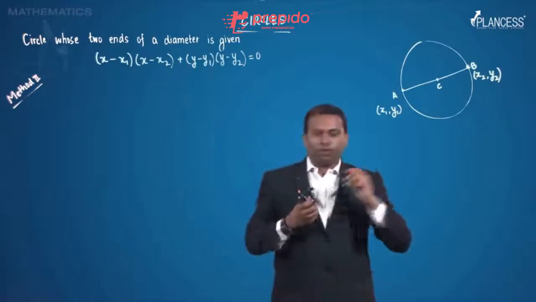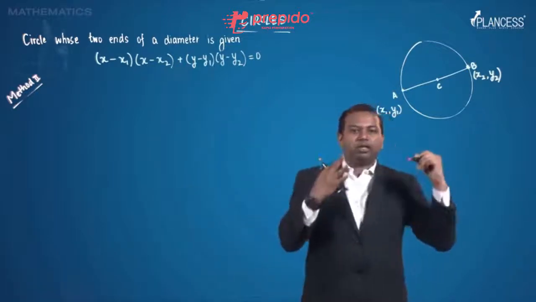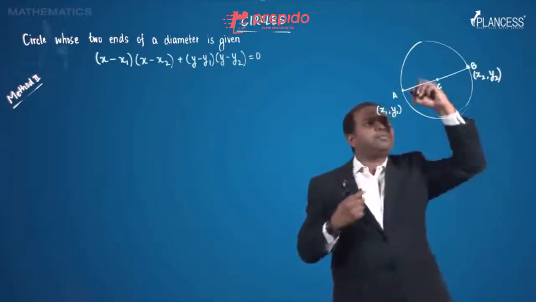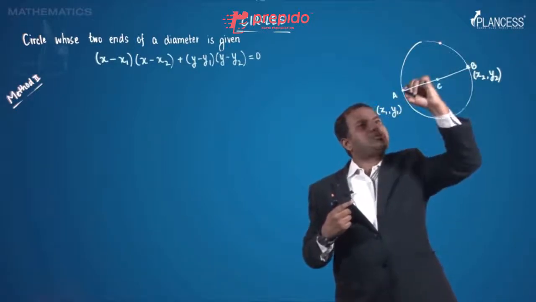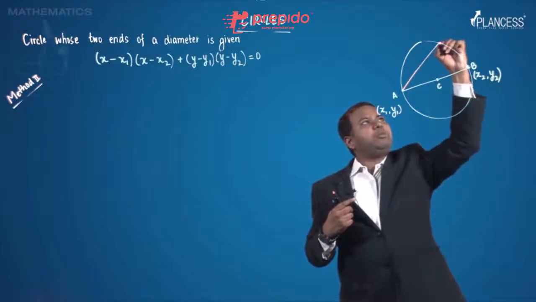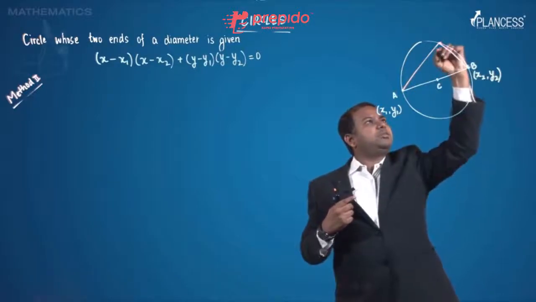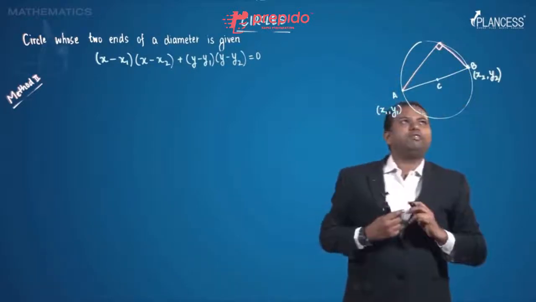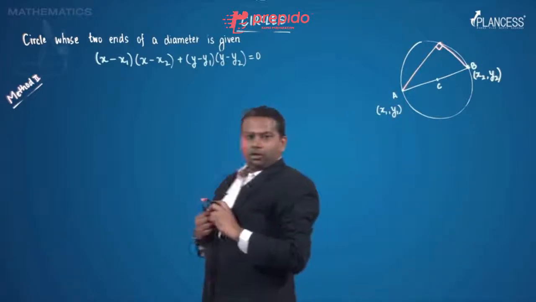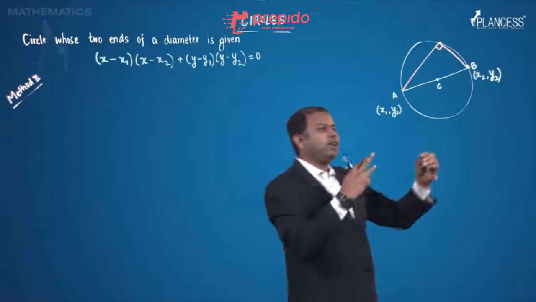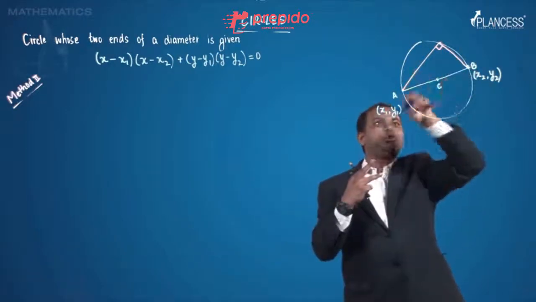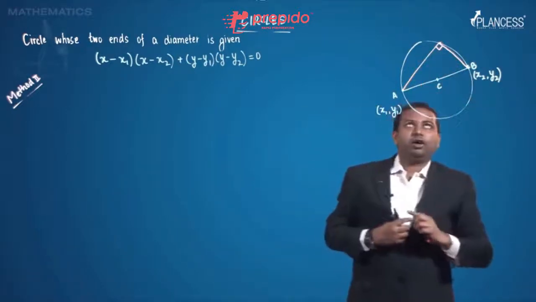So how? If you remember, we have studied in a circle, if we take any point on the circumference, then the diameter of the circle subtends an angle of 90 degrees. Any point we take on the circumference of the circle, any diameter is always going to subtend 90 degrees at that point.